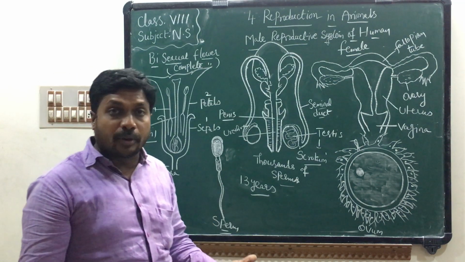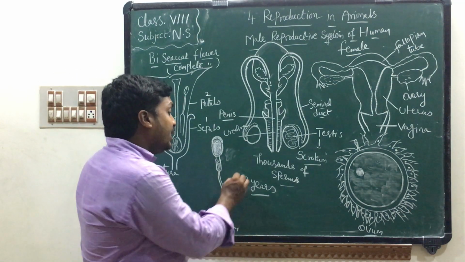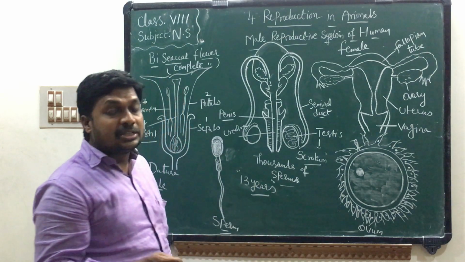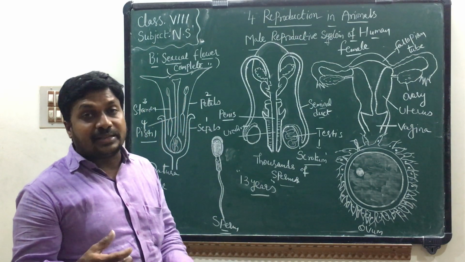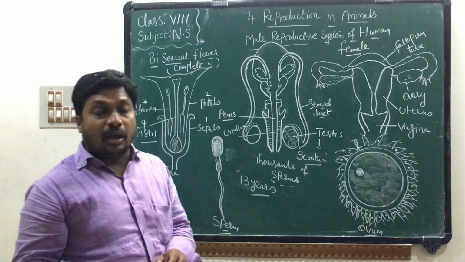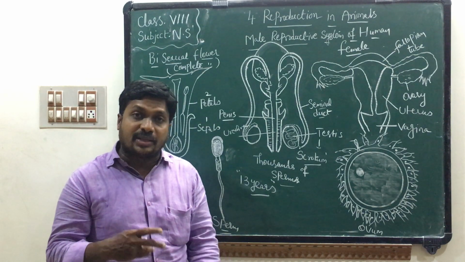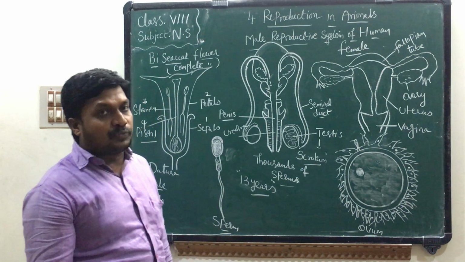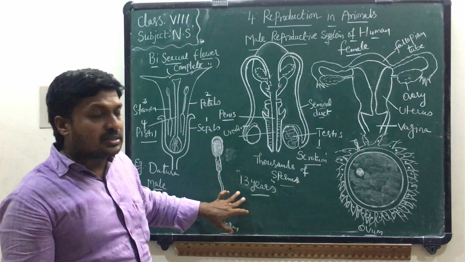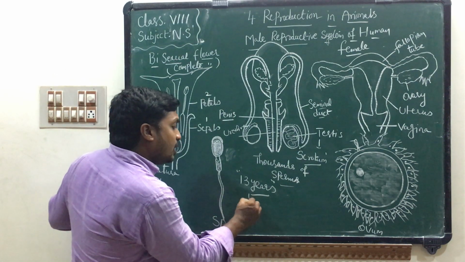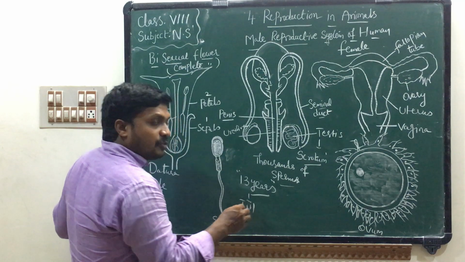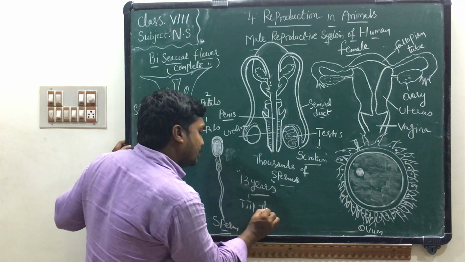That age is known as adolescence. I will explain the topic of adolescence in the next class, that is the 5th lesson. At the age of 13 years, they start producing sperms, and this production will continue till their death.